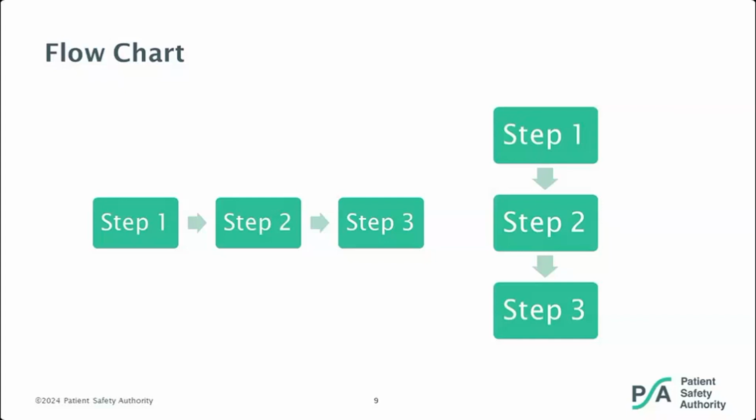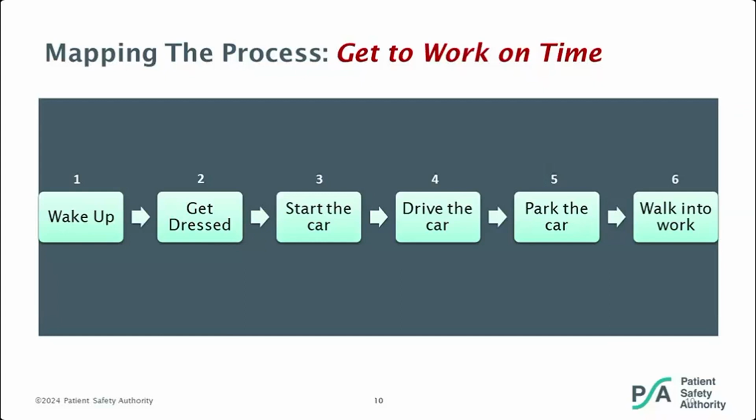So, let's think about something simple. I mentioned this earlier, how did you get to work this morning? Let's assume for those of us that are in office that had to commute this morning, how did that happen? What were the steps in the process for you going from home to office, to your computer station where you are today? And it might look like something like this, the process of getting to work on time, right?